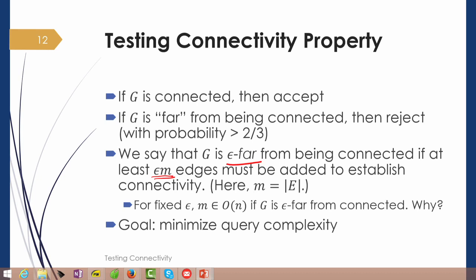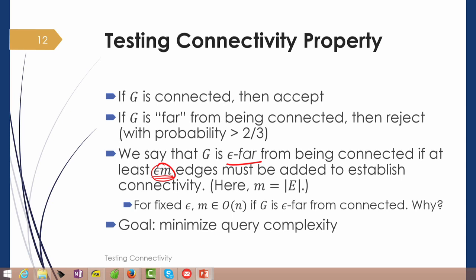So, the graph is highly fragmented if it is epsilon far from being connected, and in order to defragment it, if you will, and get the graph to be connected, we will have to add epsilon m edges in order to establish connectivity.